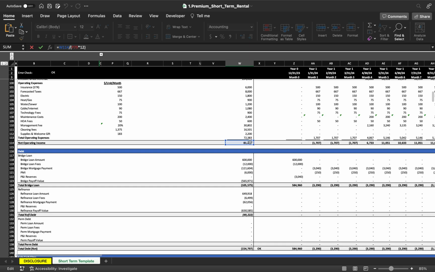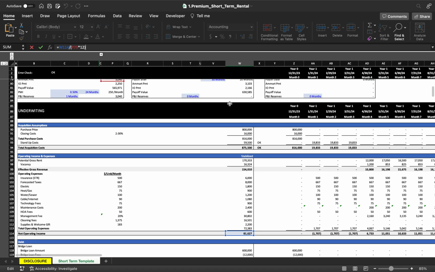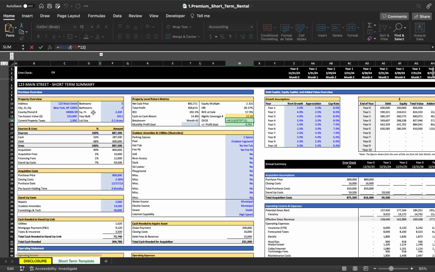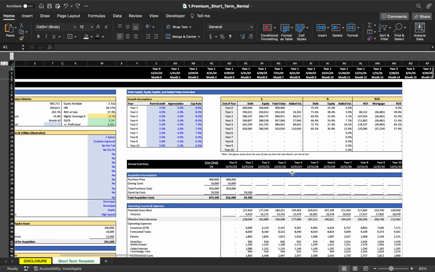It's your NOI divided by your debt service, and all this can help you just get a better sense of where you lay out and what you might need to show lenders in order to get the project financed. So I think that is everything on this sheet.